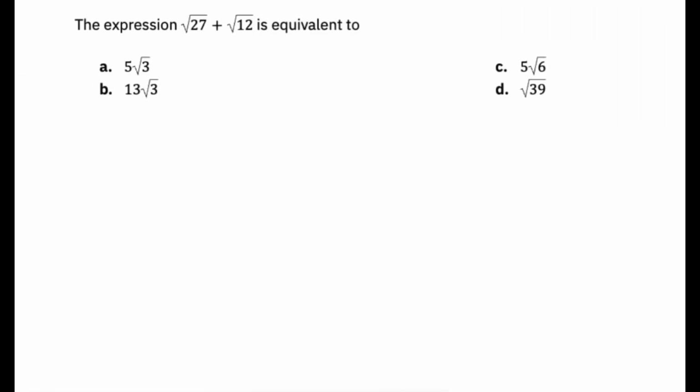The expression square root 27 plus square root 12 is equivalent to which of the following? Alright, so this is a radical problem because I have two numbers under a square root symbol that can't be added together. There's nothing alike about them, I can't combine them. So for a problem like this, we're going to factor the radicands.